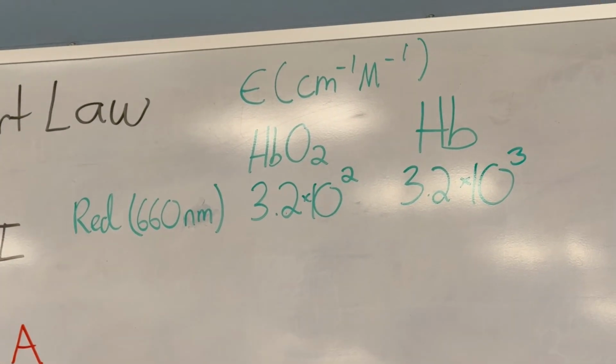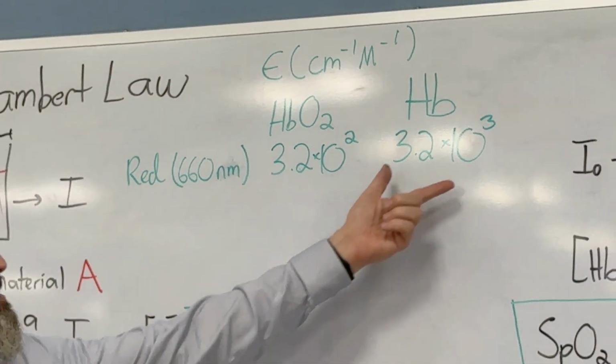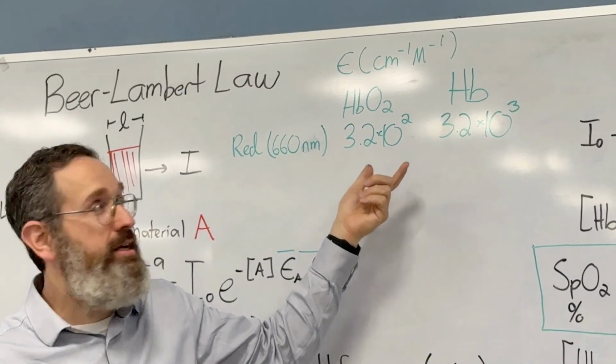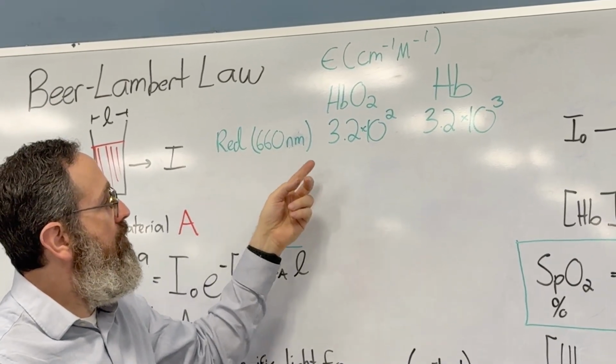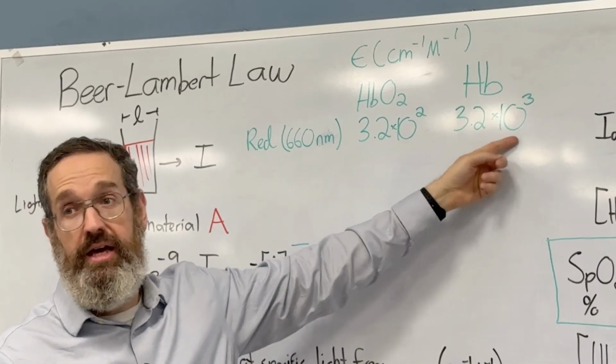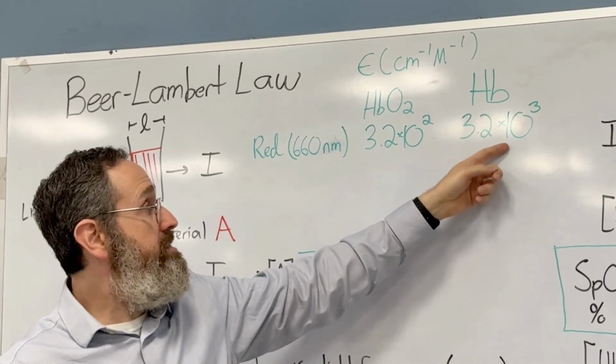And you'll notice that this is larger than that, in fact by a factor of 10, right? So in red light there's a difference in how well they absorb, where this one is absorbing more.